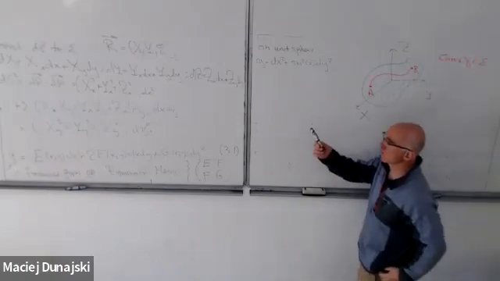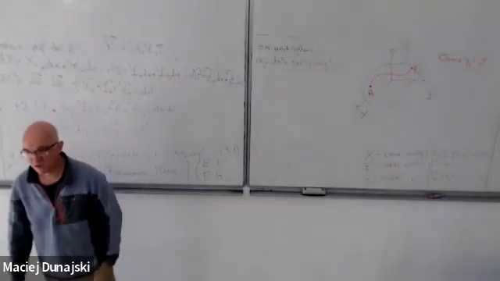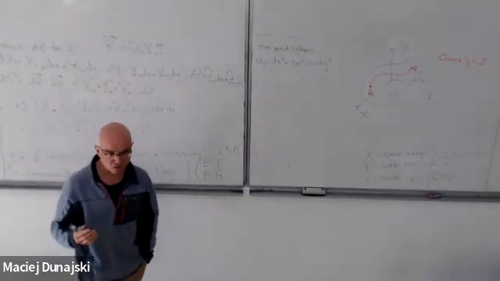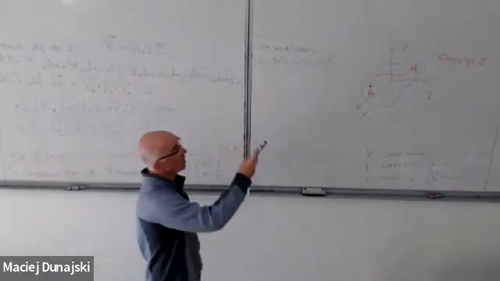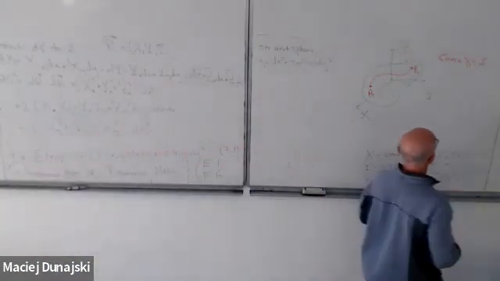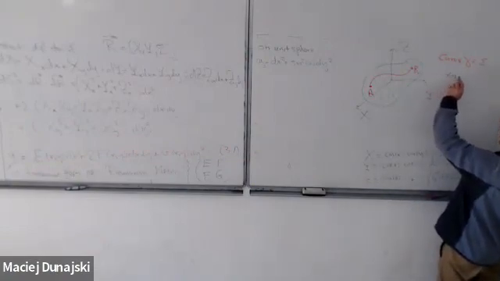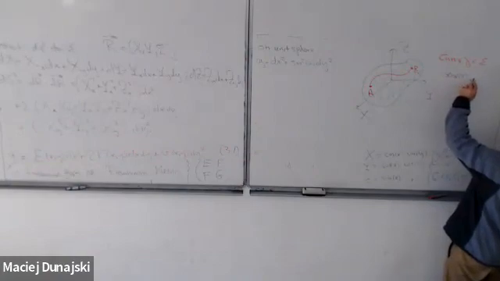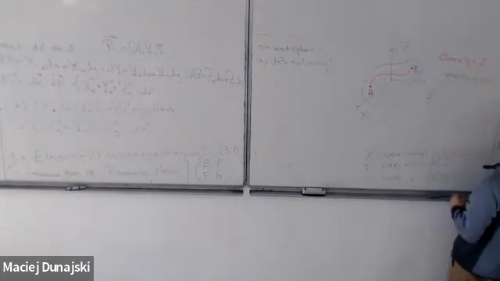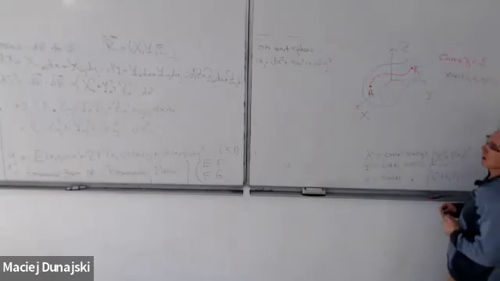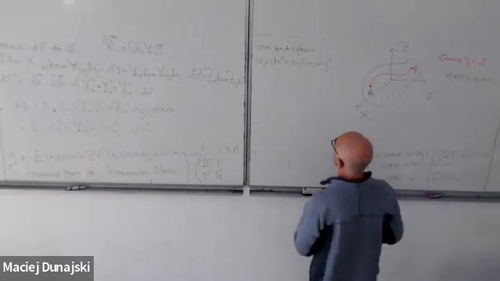Well, before I thought of capital X, capital Y, and capital Z as functions of a parameter t. Now I'm going to think of little x and little y as functions of t. x equals x of t, y equals y of t. Okay. Now I'm going to compute the length of this curve on the surface.